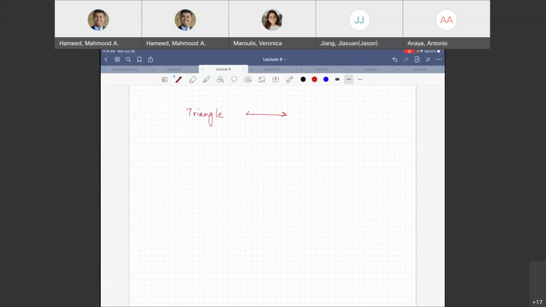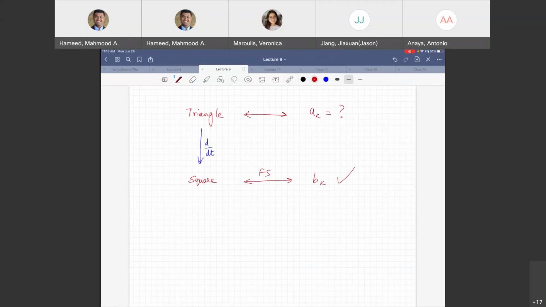Triangle. I want to find out ak, the Fourier series coefficients of the triangle. What do you do for this? You differentiate. If you differentiate that signal, what do you get? You get square. You know the Fourier series coefficients of square, right? You know that, bk.